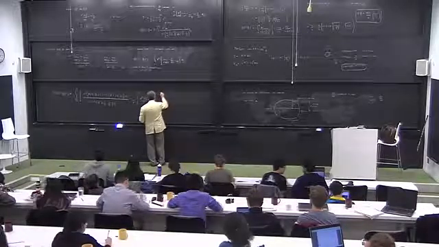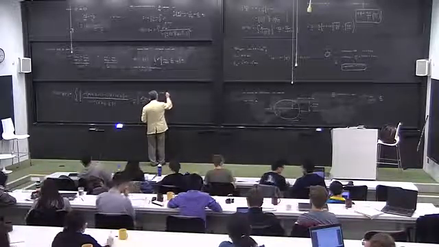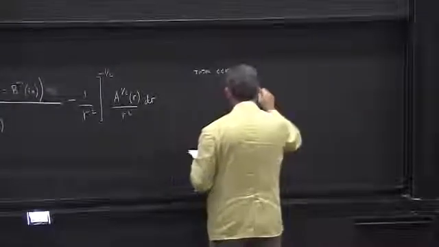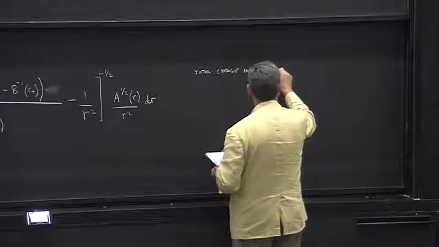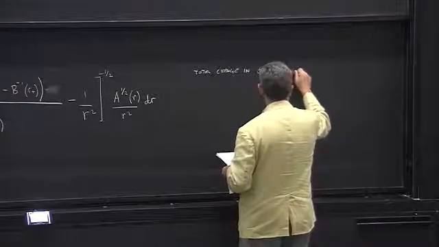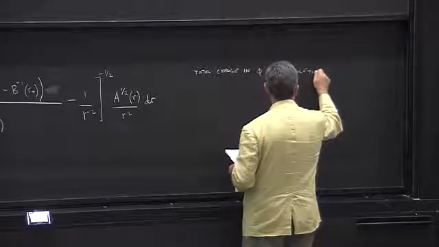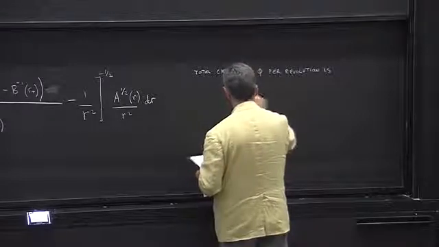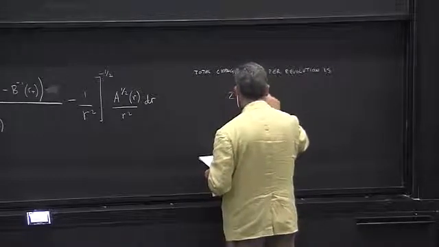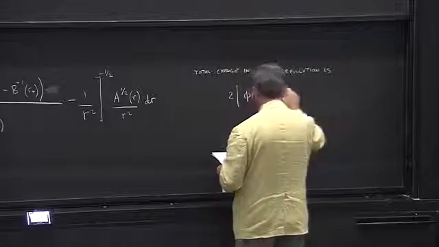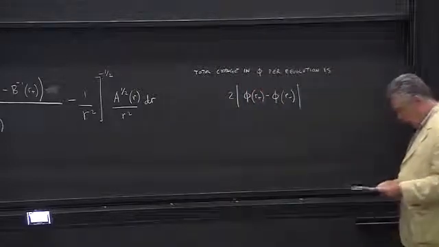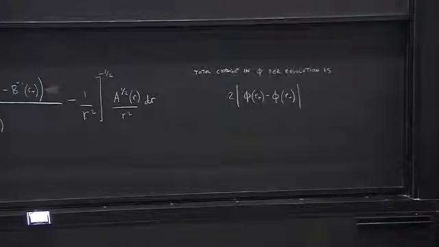Now the total change in phi per revolution is twice phi of r plus minus phi of r minus. And if the orbit were a perfect ellipse, that would equal 2 pi.